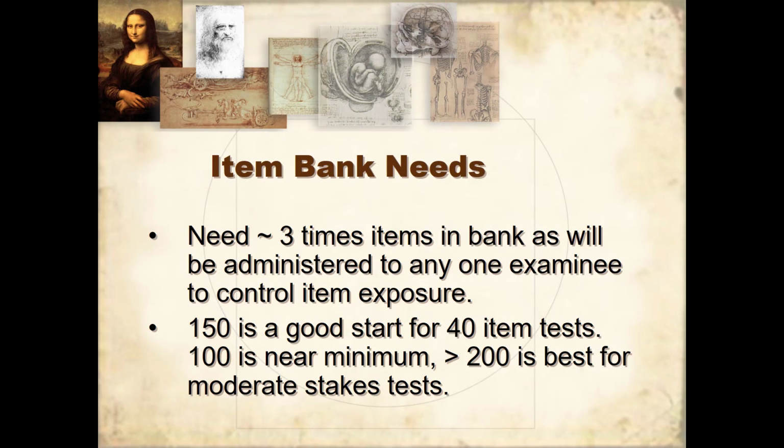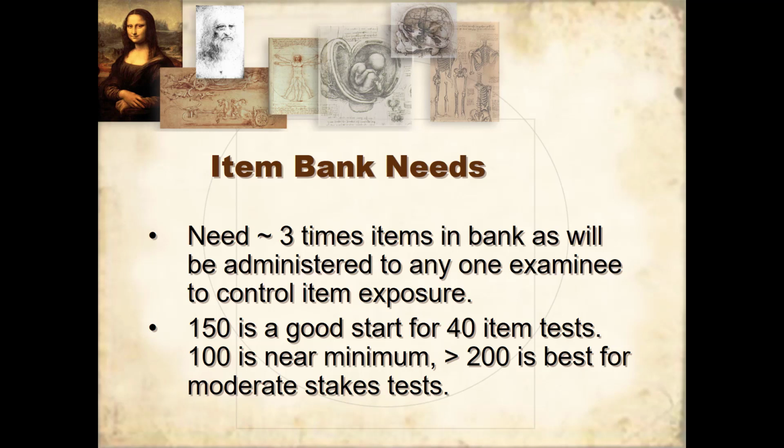So you size item banks, like I said, about 3 times. So if you have 150 items, it's a pretty good start for a 40 item test, maybe even a 50 item test. If you only have, let's say you have a 50 item test, you only have 60 items, you'll gain a little bit from CAT. I mean, you're probably going to administer the best 50 of those 60, but the cost benefit of that is not strong, right?